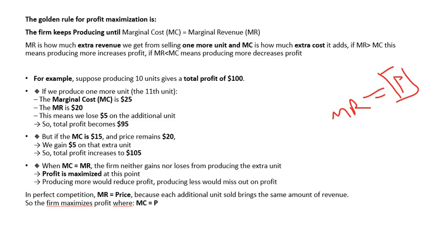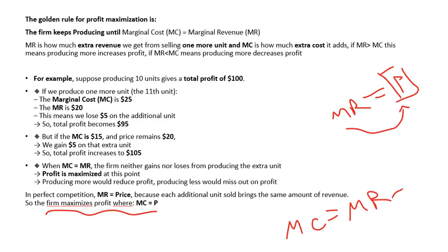So marginal revenue is the price. So the firm maximizes profit where, instead of saying where MC equals marginal revenue, we can say when MC equals P, since in perfect competition the marginal revenue equals the price.